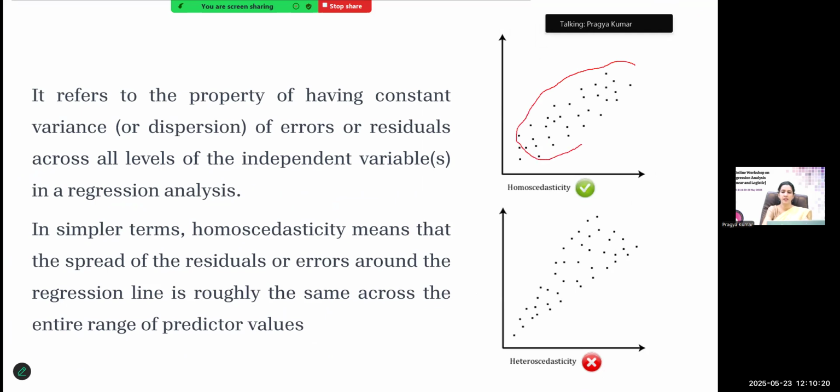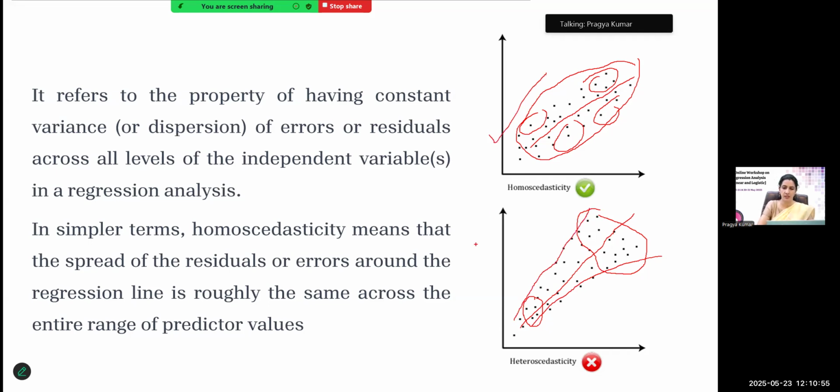Pattern means if you draw an imaginary line, the spread of residuals here and here is almost the same. But in the other one, there's a fanning out. Here the residuals are very close to the fitted line, and here the actual ones are very far from it. So it is making a fan pattern, or what we call fanning. Here the homoscedasticity assumption is met, but here it is not met.